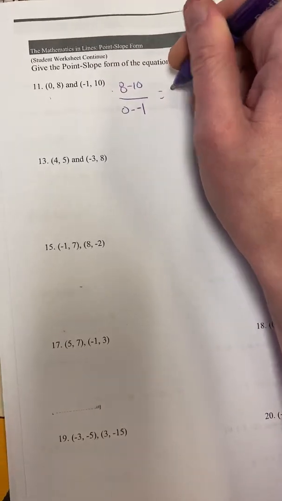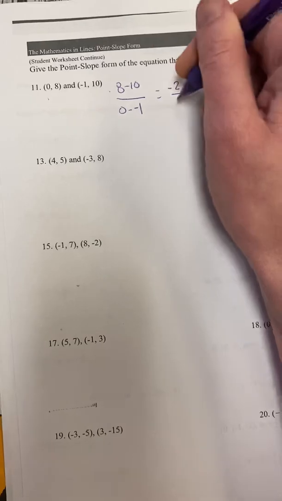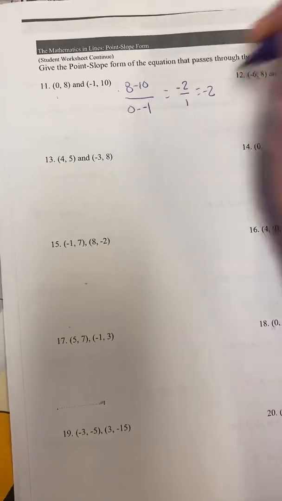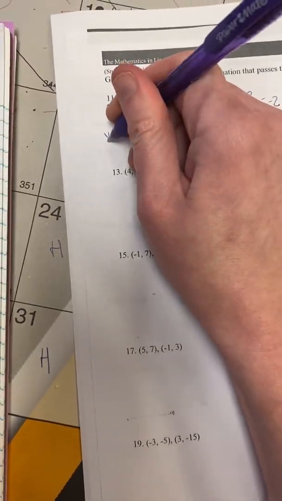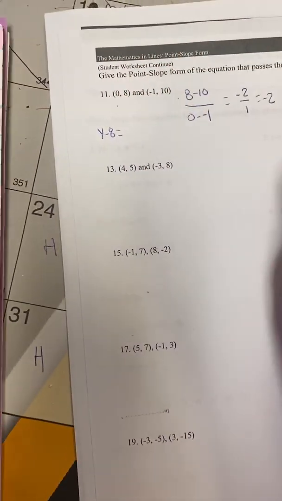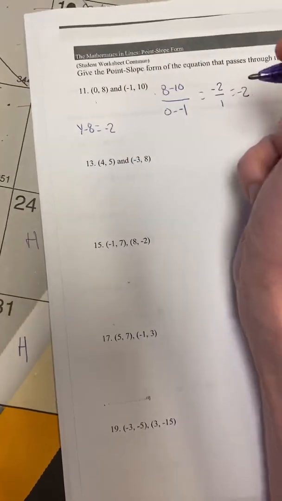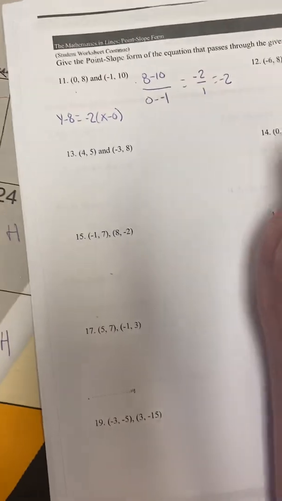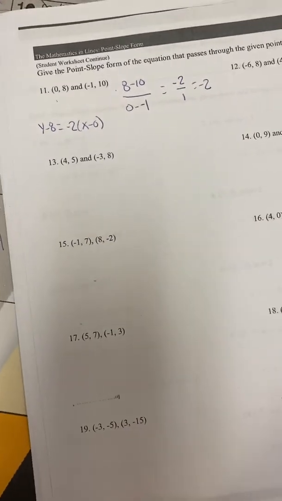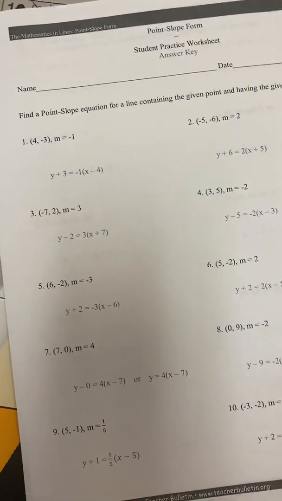So I've got -2 over 1, so my slope is -2. And I can use either point that I want, so I can say y minus 8 equals -2 times x minus 0. And there are your answers.